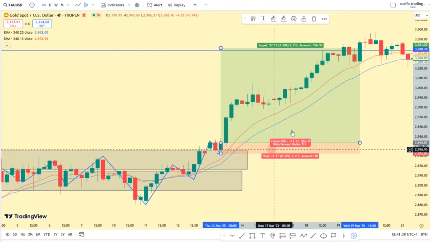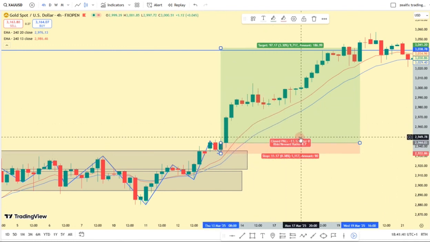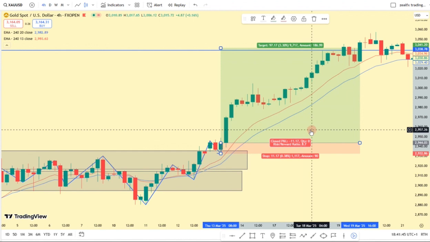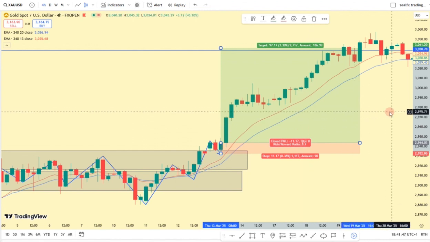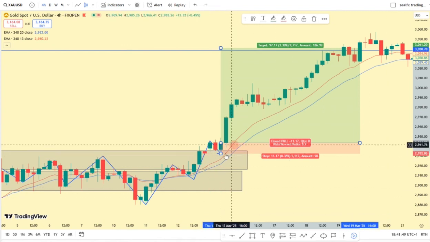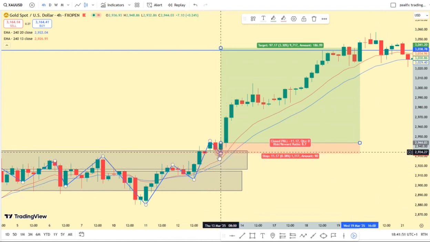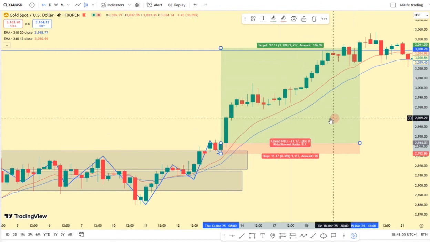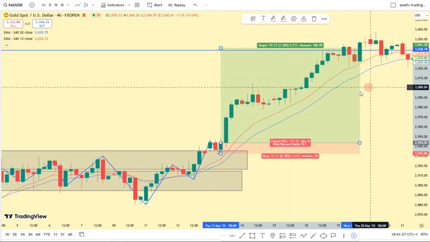This is how we were able to convert our $1,000 to $5,000 on a single trade. Our risk was low on the 4-hour chart. This is how we were able to convert our $1,000 to $5,000 on a single trade.